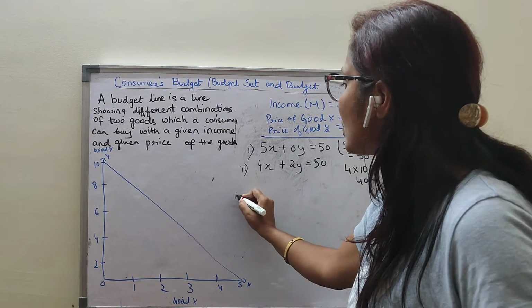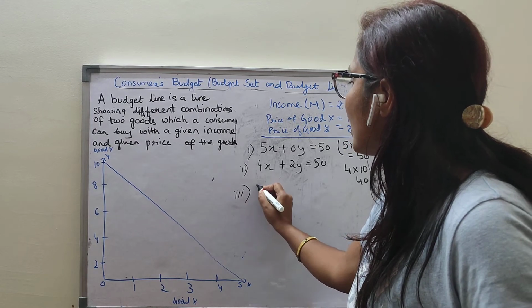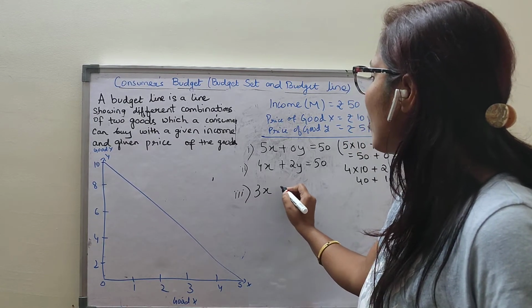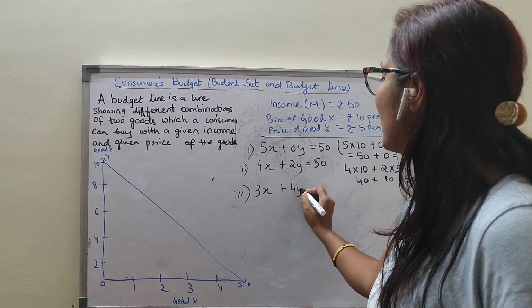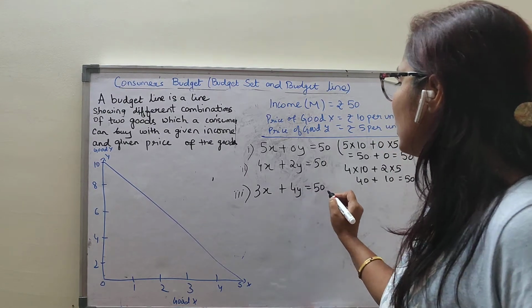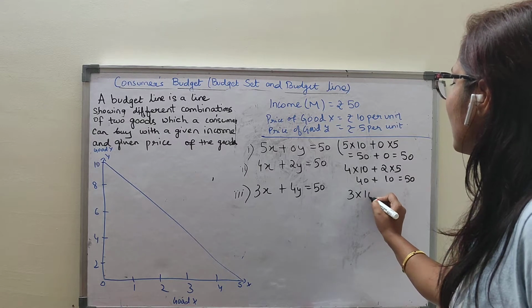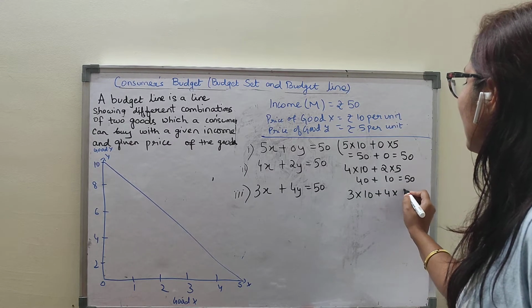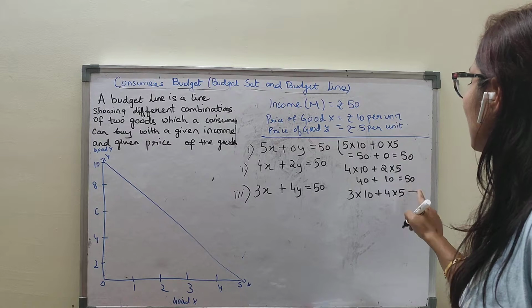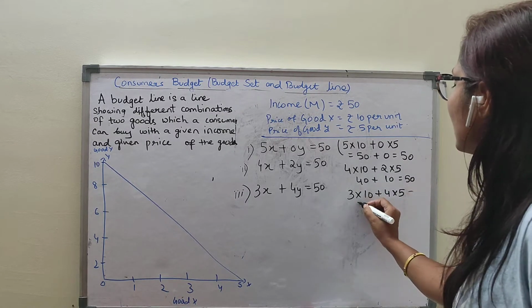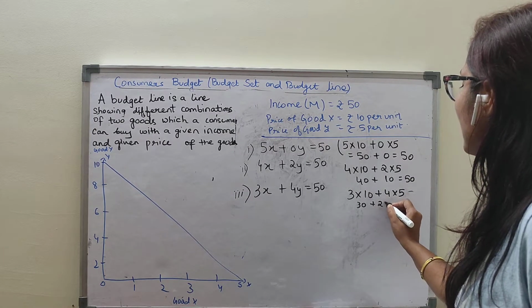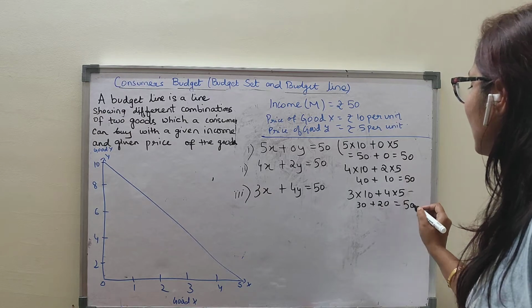Now third combination, the consumer can buy 3 units of X plus 4 units of Y with his given income. That means 3 into 10 plus 4 into 5 is equal to 30 plus 20, which is 50. Clear?